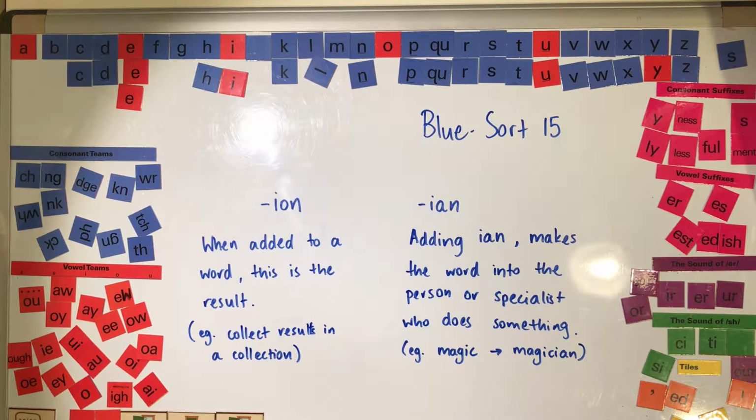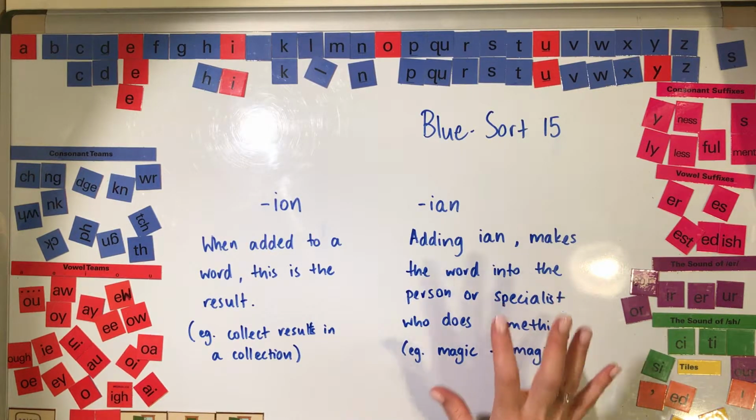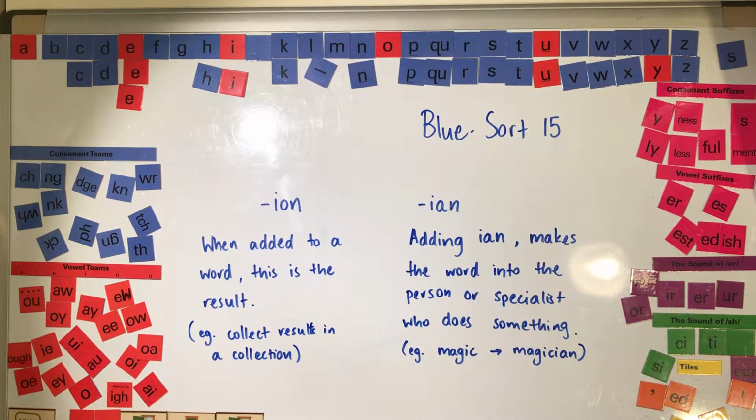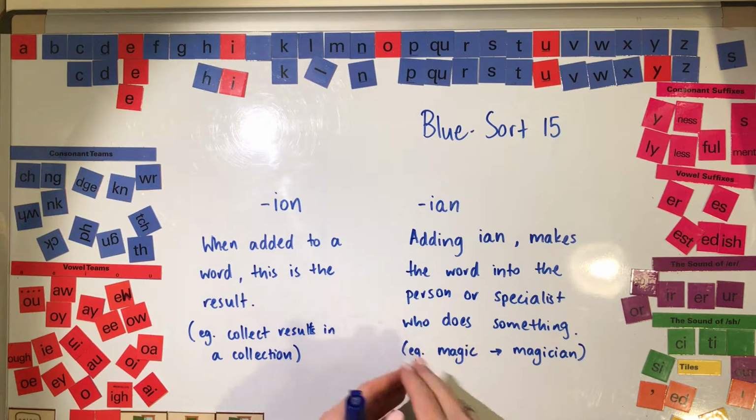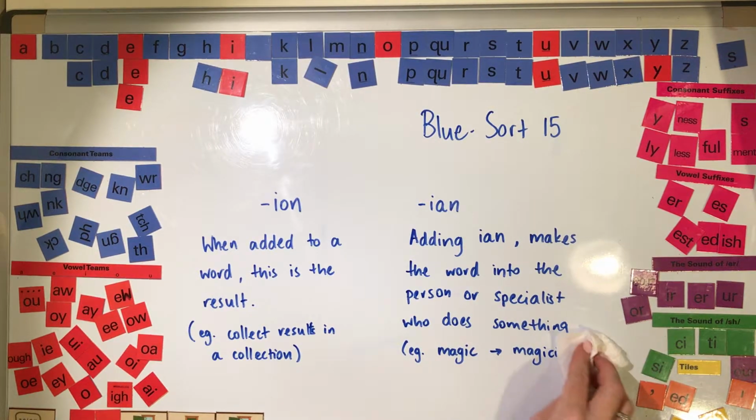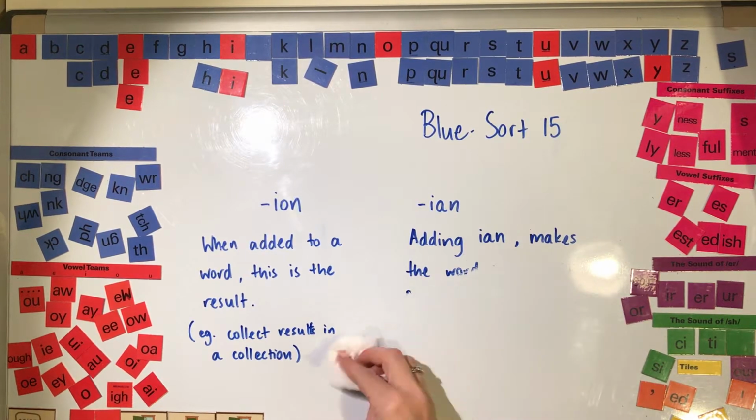So we're going to have a look at the words in your word list that have the I-A-N. There's actually fewer of these. So we're going to be looking at the base word and then what happens when we add I-O-N, and the base word, what happens when we add I-A-N. Okay, so we might just get straight into the word sort.